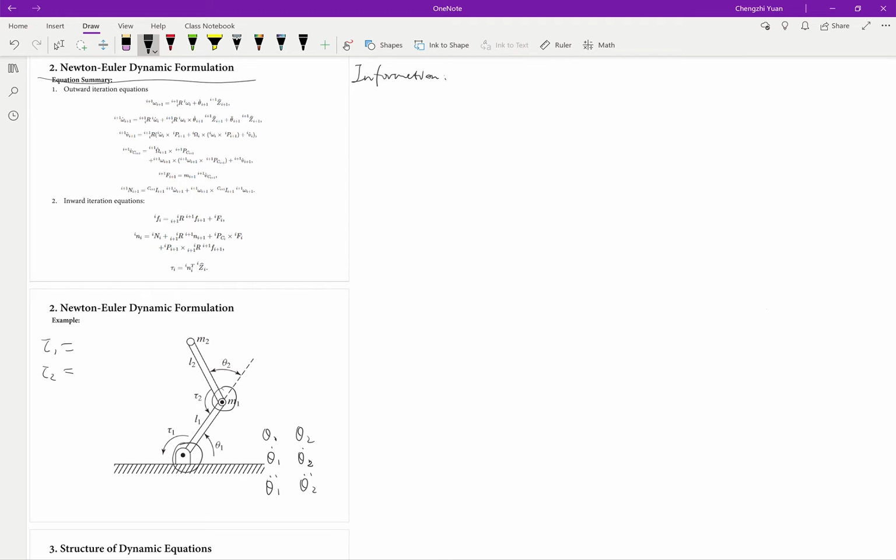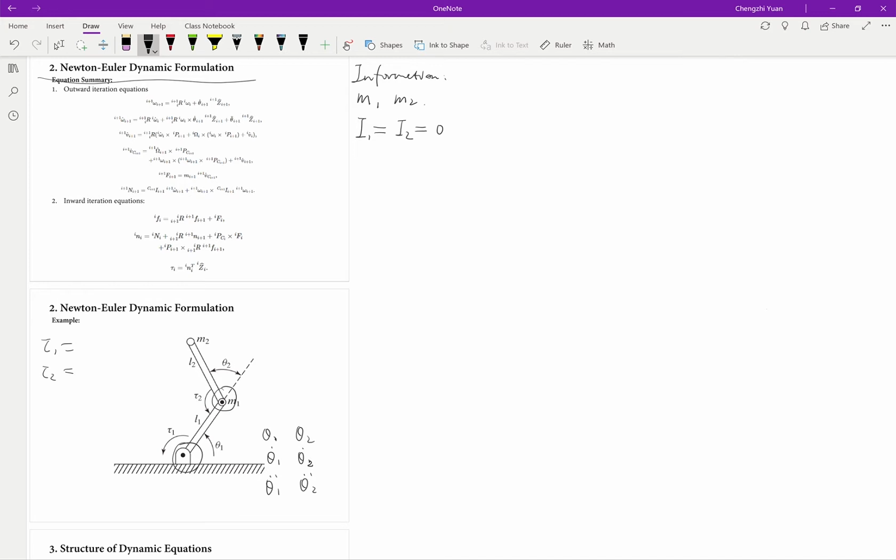The first one is the mass, M1, M2. Another is the inertia of the first link and the inertia of the second link. To simplify the problem, we're going to assume the inertia of both links equals 0.